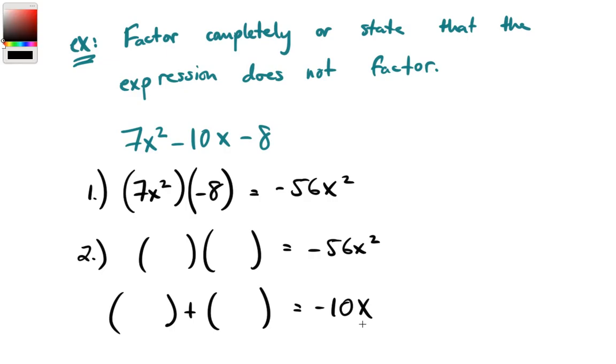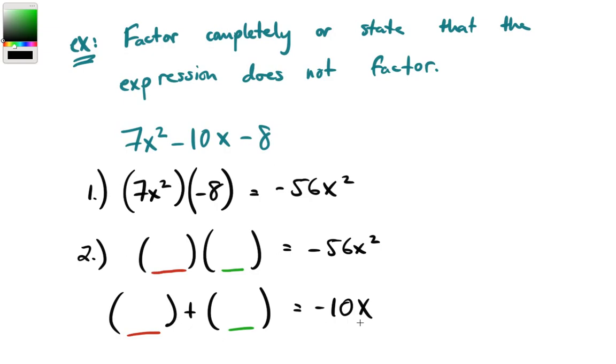So I'm going to go ahead and color code this. What we want here is the same thing that goes here needs to go here, and the same thing that goes here needs to go here. So we're looking for expressions that go in these red and green blanks such that both their product is going to satisfy this and their sum is going to satisfy this.